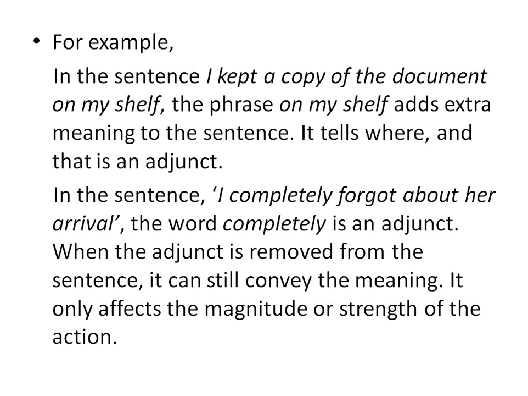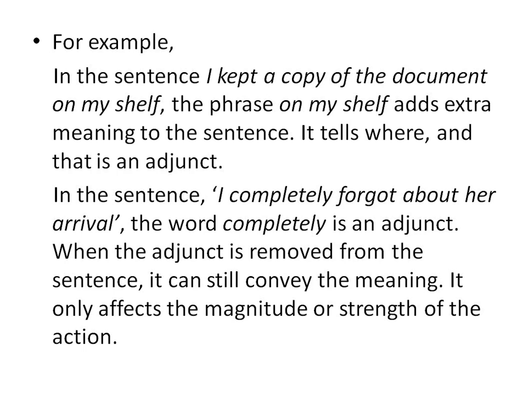When the adjunct is removed from the sentence, it can still convey the meaning. It only affects the magnitude or strength of the action. It only supports the action, but it is not like without the adjunct we cannot complete the sentence. Instead of writing I kept a copy of the document on my shelf, I can only say I kept a copy of the document.